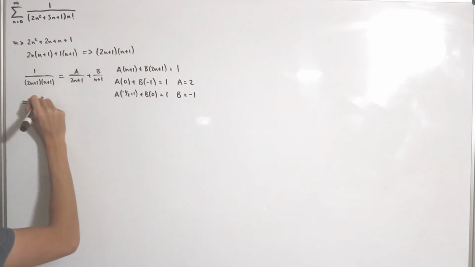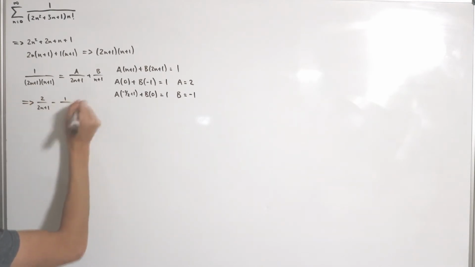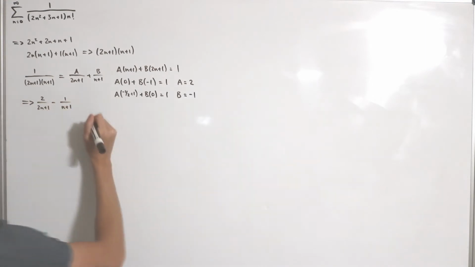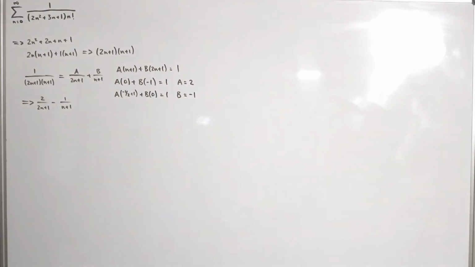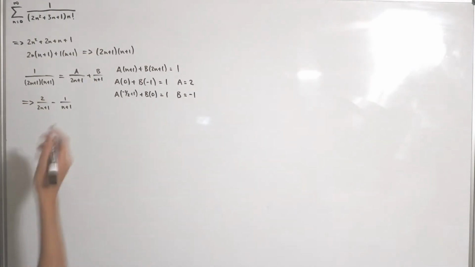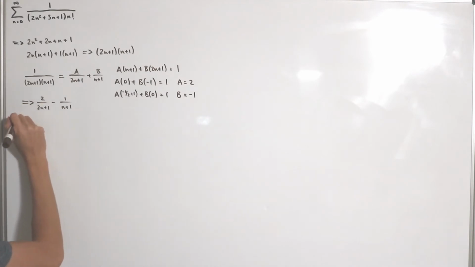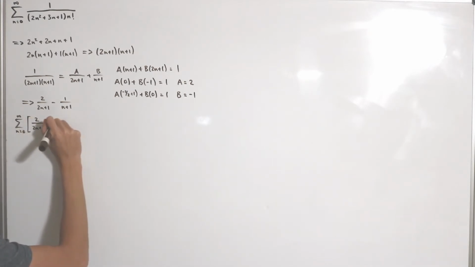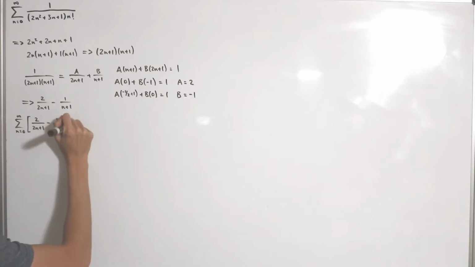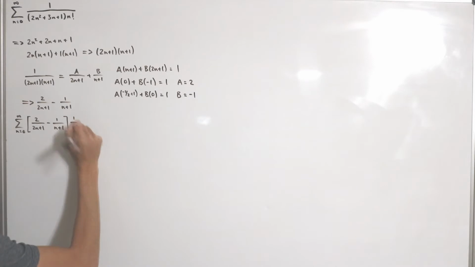So we have 2 divided by 2n plus 1 minus 1 divided by n plus 1. Now that we have the decomposed fraction, let's multiply the factorial denominator back in. Let's rewrite our sum. This is the infinite series, n equals 0, and I'll write this in brackets: 2 divided by 2n plus 1, minus 1 divided by n plus 1, multiplied by 1 divided by n factorial.